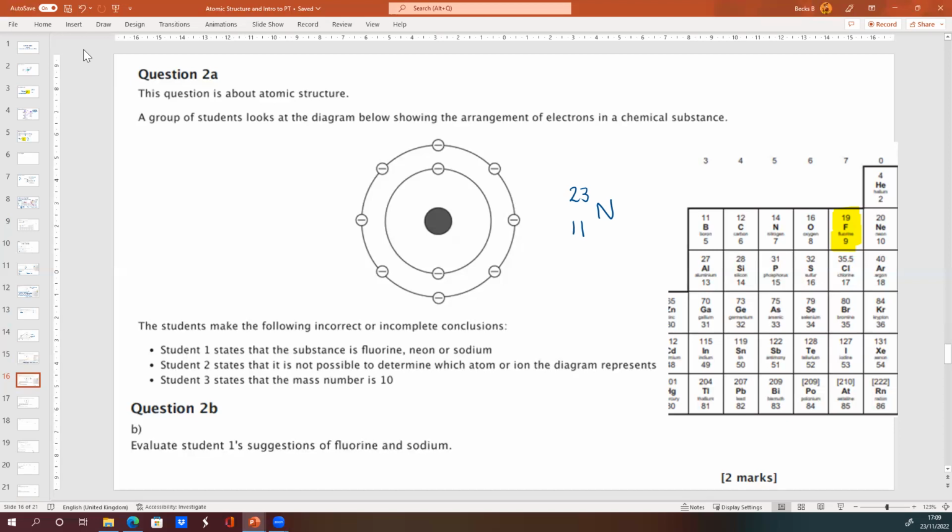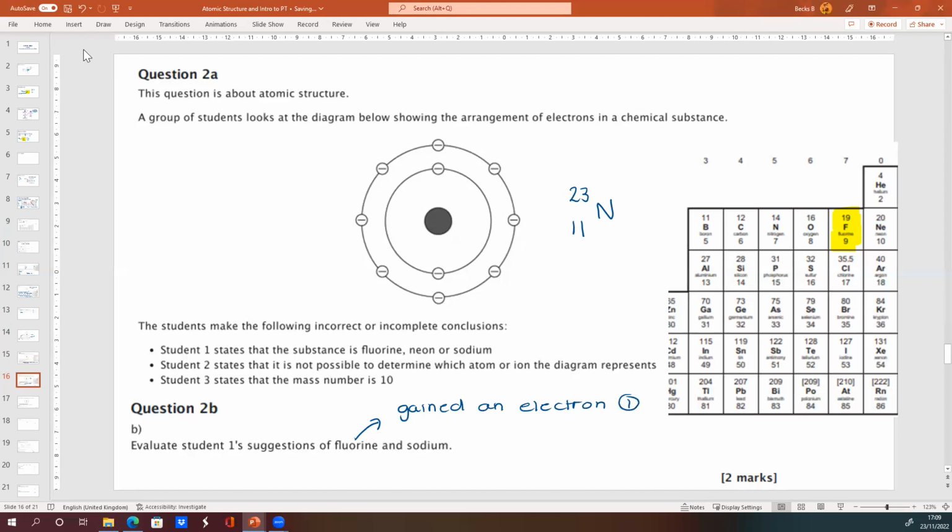Okay, so it could be fluorine if it gained an electron.